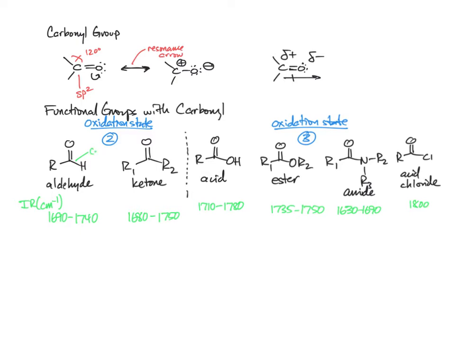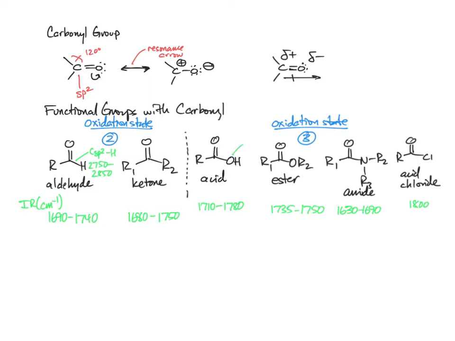This sp2 C-H stretch, again, typically occurs lower than a normal C-H stretch, so usually around 2750 to 2850. So if you see this paired with that, you can rule out a ketone there.